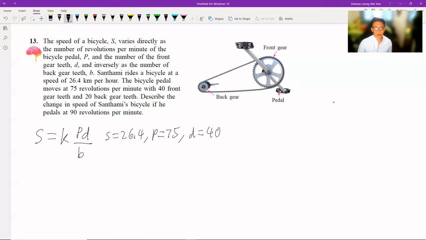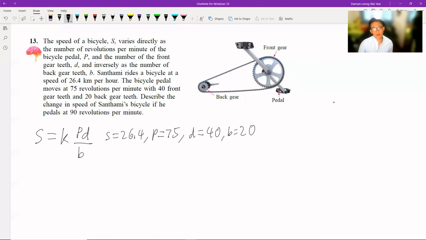And 20 back gear teeth, B is 20. So describe the change in speed of Santami's bicycle if he pedals at 90 revolutions per minute.